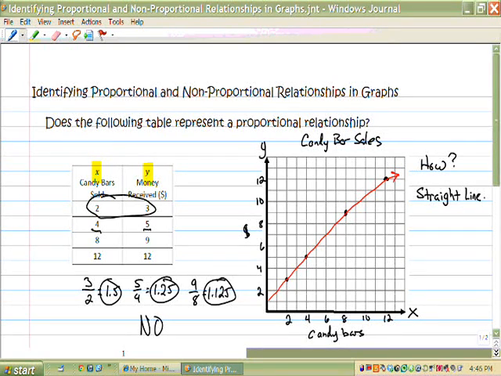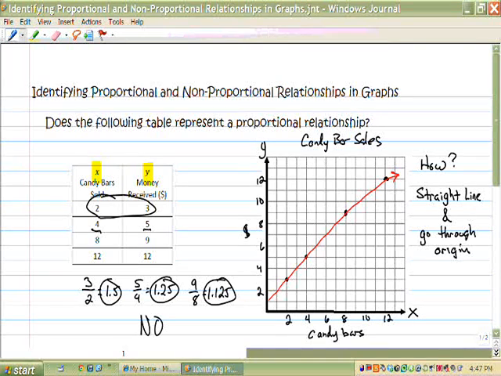Okay? This one's not straight. It started to, and then it kind of curved off at the end. And, yes, it has to go through the origin. Go through origin.